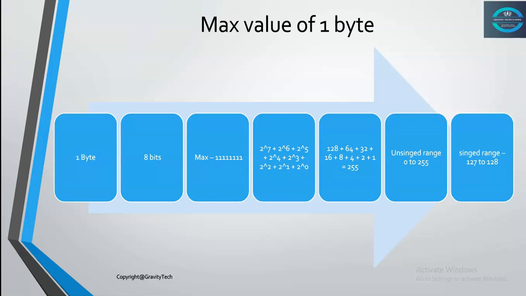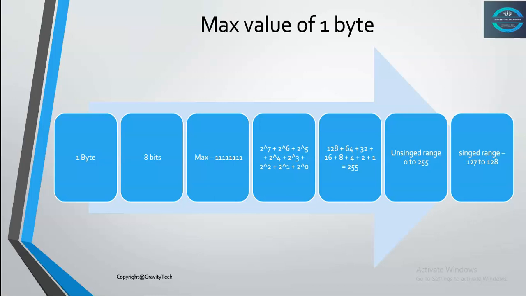It will hold the maximum value only when all 8 bits are set to 1. When we convert this binary number to a decimal number with the formula 2 raised to 7 plus 2 raised to 6 plus 2 raised to 5 plus 2 raised to 4 and up to plus 2 raised to 0, it gives us the value 255. Since there are only 256 characters in C, we are able to hold every character in a single byte. That's why there is only a need of 1 byte for a character.